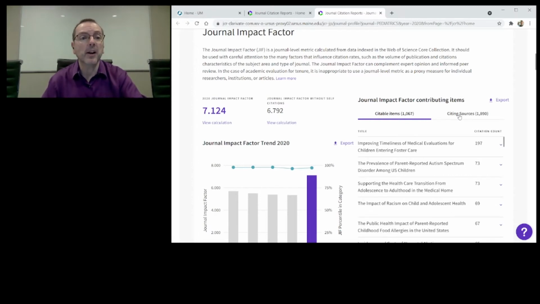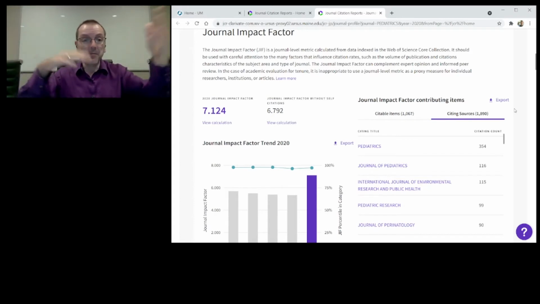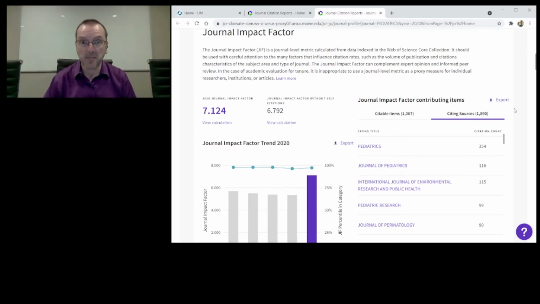It also gives you, you can click on all the citable items, or you can click on the citing sources that give you all of the different sources that cited these Pediatrics papers. So all of the different journals in 2020 that cited a Pediatrics article published in 2018 or 2019.